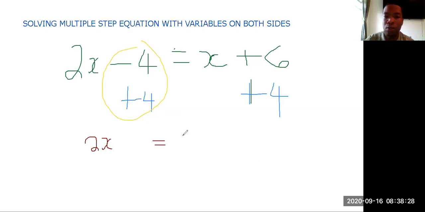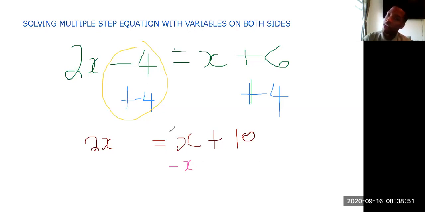It's 0. 2x is equal to x plus 10. Look at that. Now my next step is to get this x on this side, on the equal side. So in order to do that, I need to do a minus x.